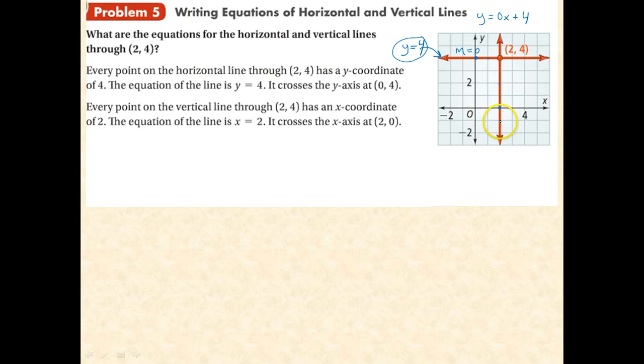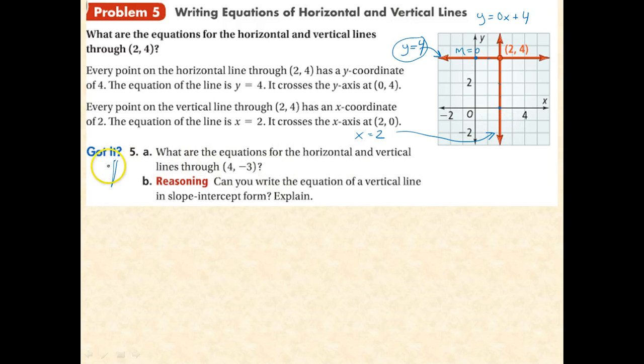The x value is always 2 on this line. So, x equals 2 is the equation of that line. Y can be whatever it wants, but x always has to be 2. So, horizontal lines are always y equals whatever number the y value is for that line. And vertical lines are always x equals the x value of every point on that line.